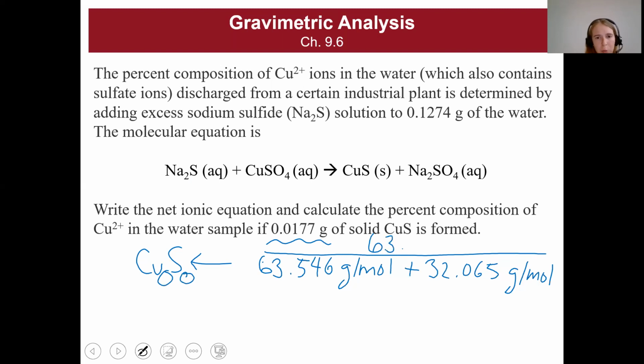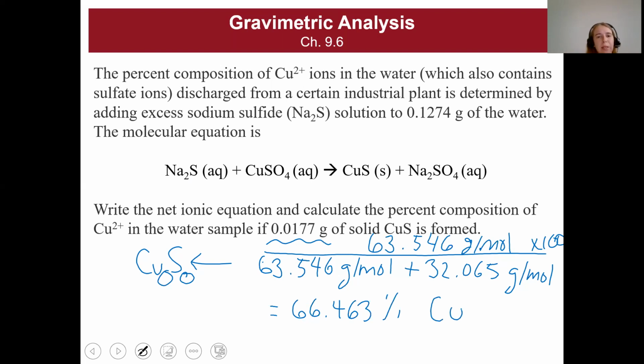So 63.546 grams per mole of copper out of our whole molar mass gives us 66.463%. So there's a times 100 over here to make it a percent copper in our copper sulfide.